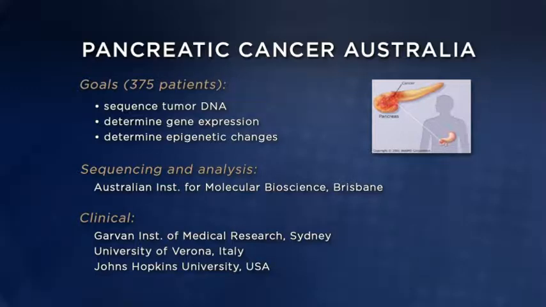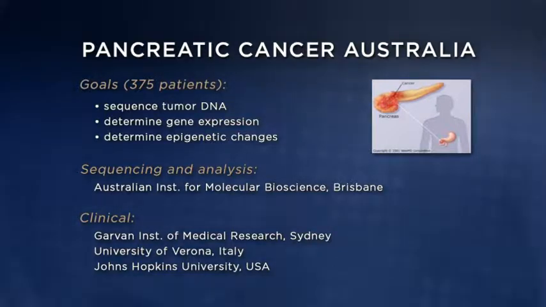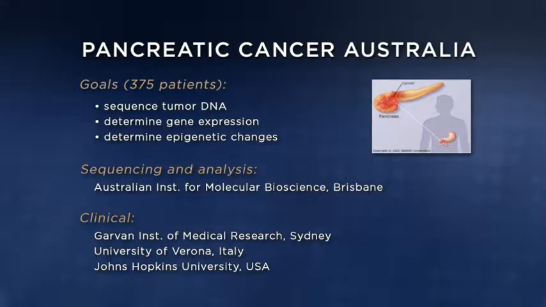It sounds nice to say, but it's very sophisticated and involves a lot of work by a lot of people. So they'll do the sequencing and analysis at an institution in Australia called the Australian Institute for Molecular Bioscience in Brisbane. And the clinical work is being collaborated between people in 3 countries, between Australians, Italians, and Americans, to relate these things. Now, what are the anticipated results that we get?